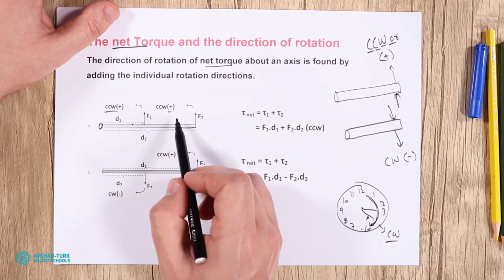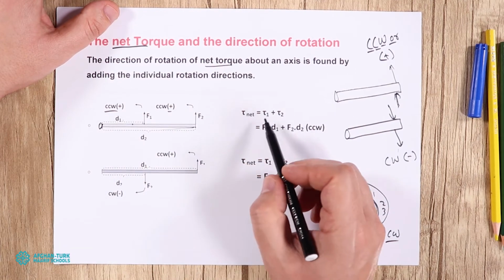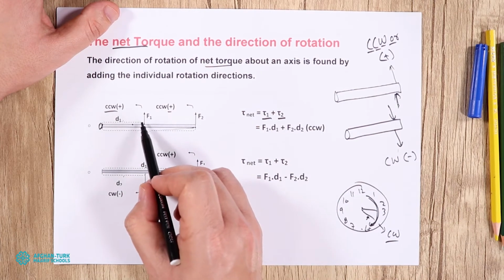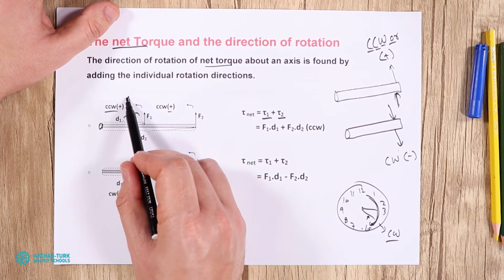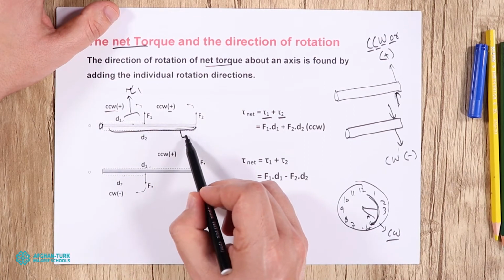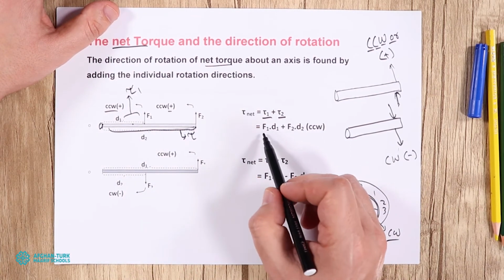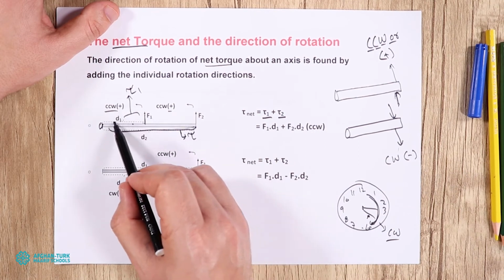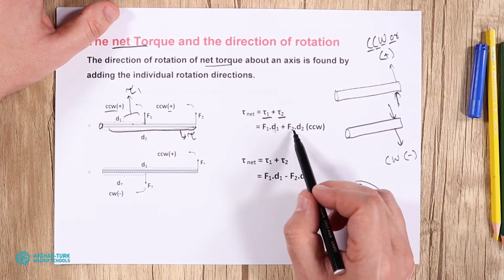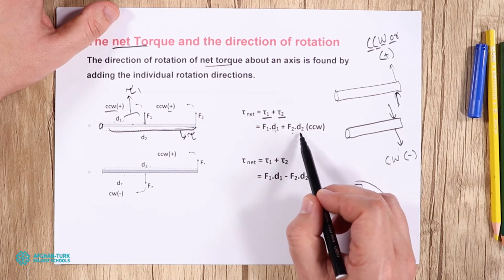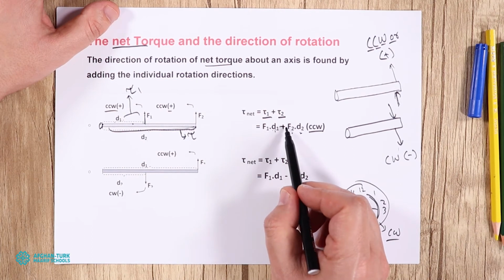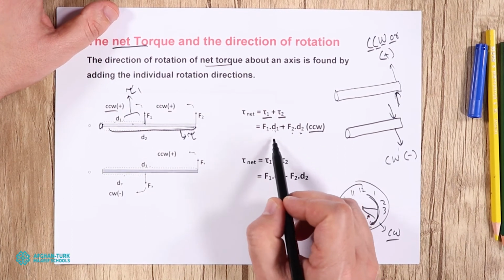So we will calculate this one as positive. The total torque will be T1 plus T2. Why? Because this gives us T1 and this one gives us T2. T1 is equal to F1 multiplied by D1 and T2 is equal to F2 multiplied by D2, and both are in the same direction, so we can find the addition of these two.